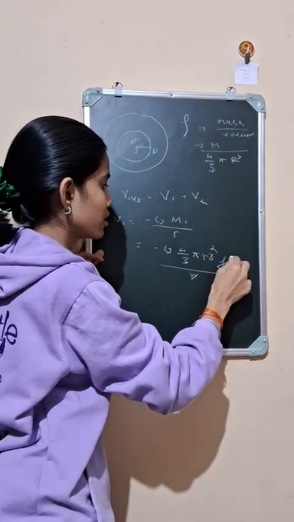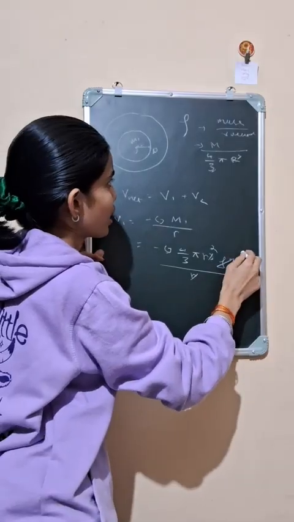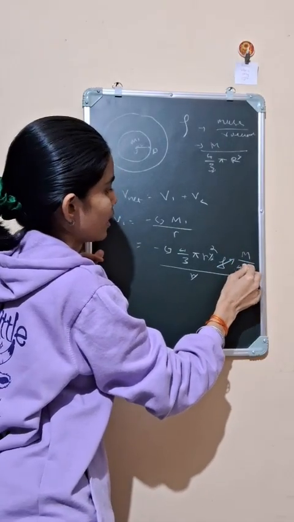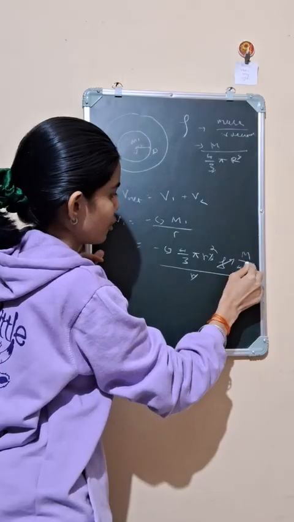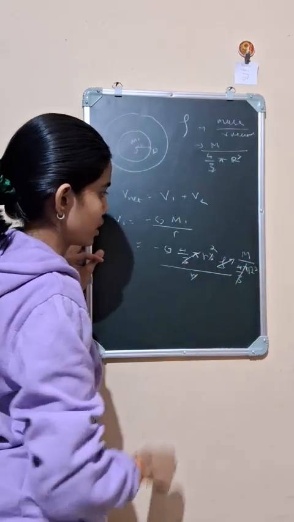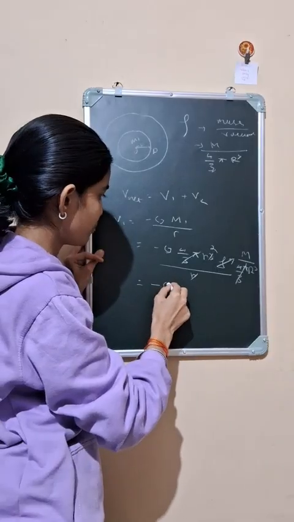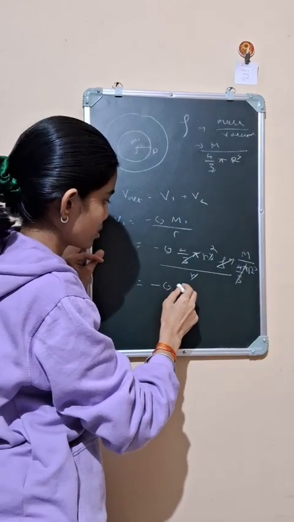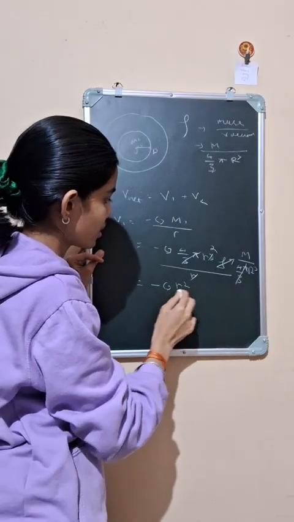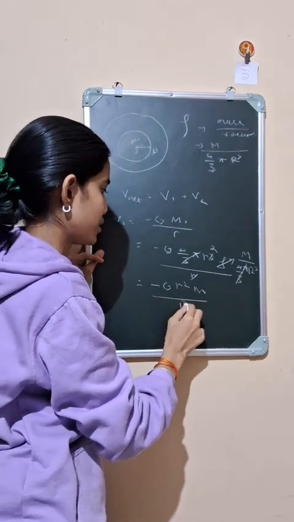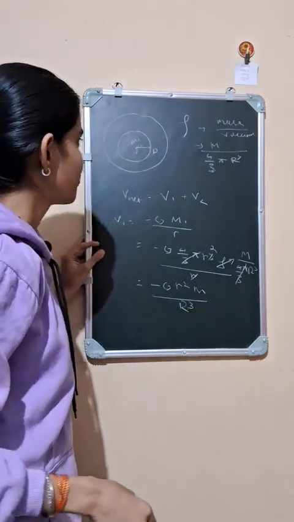And rho, I can write rho as m by 4 by 3 pi R cube. Here 4 by 3 pi, 4 by 3 pi will cancel out, and we are left with minus G r square m by capital R cube, right?